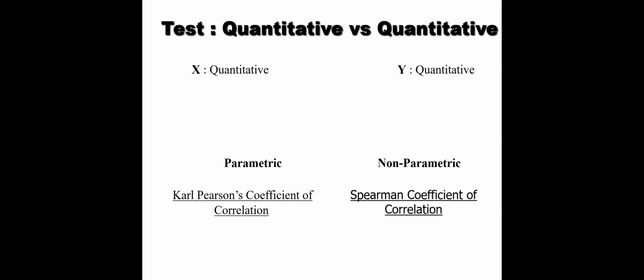You have to see that in this case, both X and Y are quantitative variables, like if we want to observe BMI with hemoglobin or BMI with blood glucose, both following the normal distribution. If both follow the normal distribution and we want to assess the correlation, then we apply the correlation coefficient.